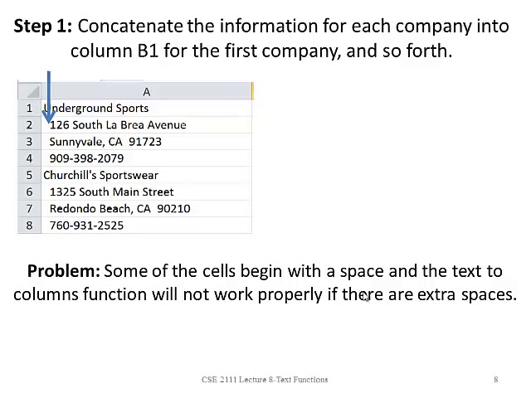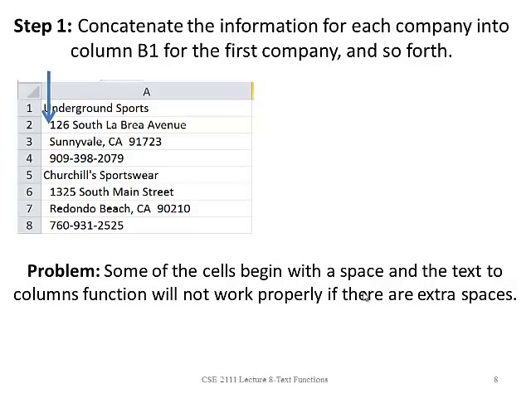So given the knowledge that I have, I know the first thing I want to do is concatenate the information for each company into another column, one company and then the second company. I've just chosen to use column B1. I'm using this work area to manipulate my data, and then I will copy the finished data over into a spreadsheet, the usable form of the data.